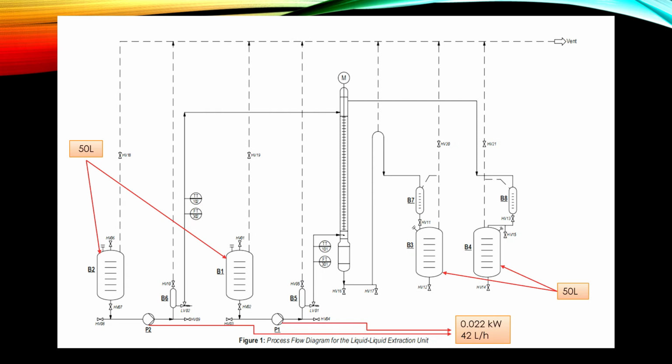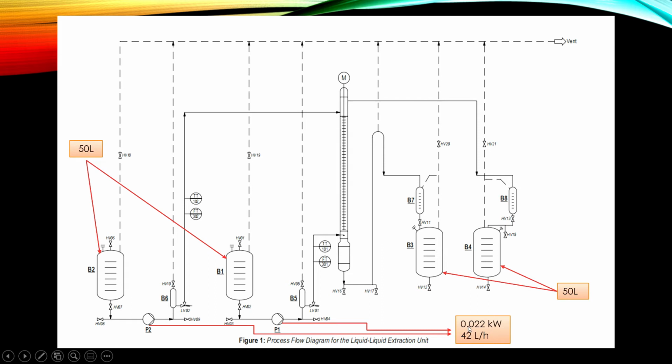First, feed vessels B1 and B2, graduated cylindrical vessels with 50 liter capacity. Rotating disc column, a DN80 packed column with 10 mm stainless steel saddles. Effective height of the column is 2 meters. Dosing pumps P1 and P2, 0.022 kilowatt piston pumps with up to 42 liters per hour capacity.